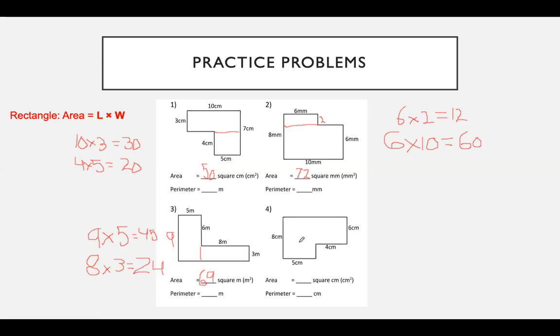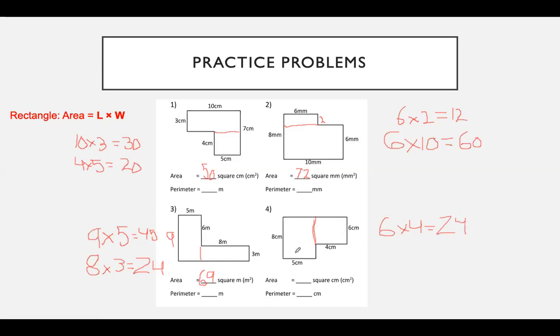All right, now last shape. So once again, just splitting this right down the middle. This shape over here, we know this side is 6, this side is 4. Based off the formula, length times width, we can do 6 times 4 gives us a value of 24.